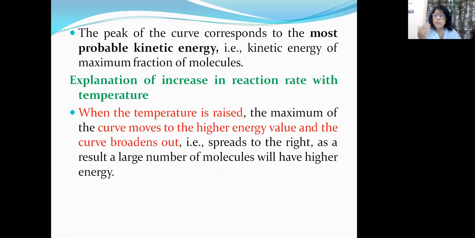When temperature is raised, the maximum molecules have the maximum kinetic energy, so they have the maximum collisions. When maximum collisions are there, the possibility to form the product is maximum. So we can say that when the temperature increases, the number of activated molecules also increases.